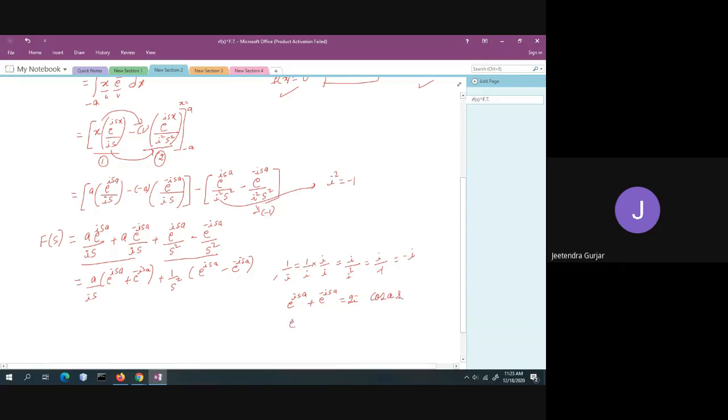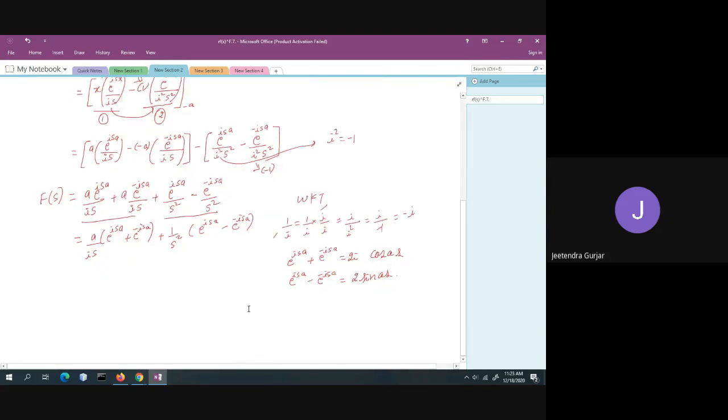Similarly, e raised to i s a minus e raised to minus i s a I can take as 2i sin as. Please remember these formulas. We use these formulas in all the examples of Fourier transformation. Students, is it clear? Now one by one I will simplify.